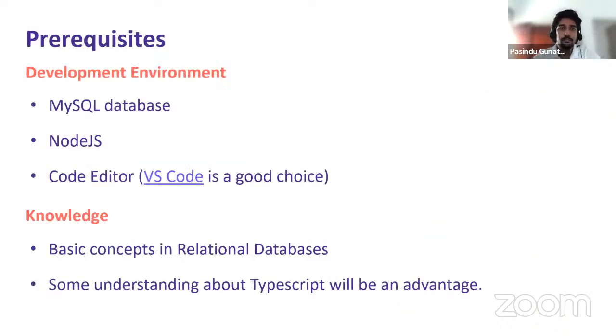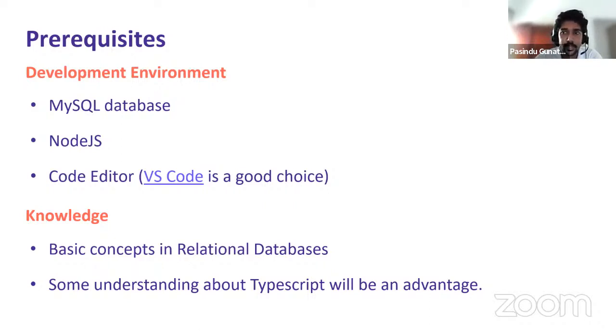Okay, so the prerequisites that we are going to be needing for this hands-on session are a MySQL database. You can spin up a MySQL database using something like Docker, or you can connect to a remote server as well, or you can resort to any other option that is available. And Node.js, and also a code editor like VS Code.